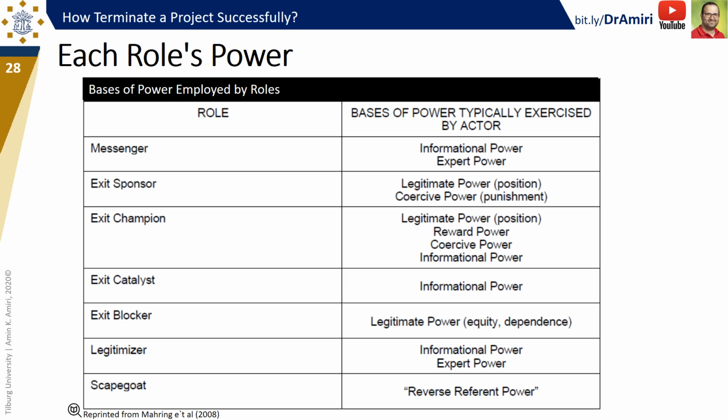Exit champions enjoy different types of power: legitimacy, reward power, coercive power, as well as informational power. Exit catalysts enjoy informational power. Exit blockers use their legitimacy power. Legitimizers use informational power and expert power, and scapegoats are in a way a kind of opposite to the referent power.